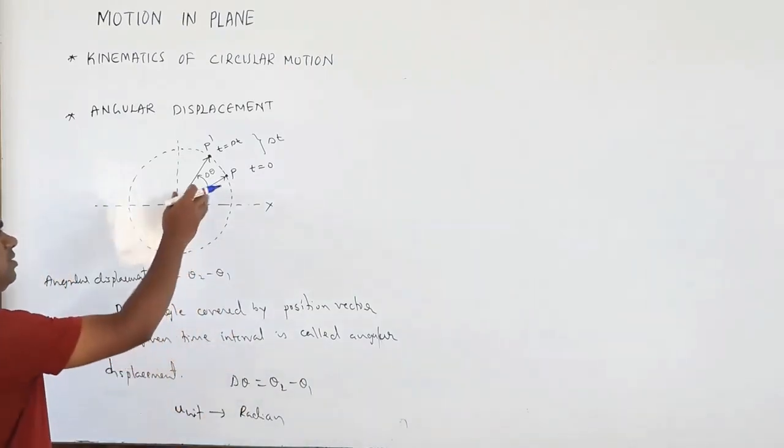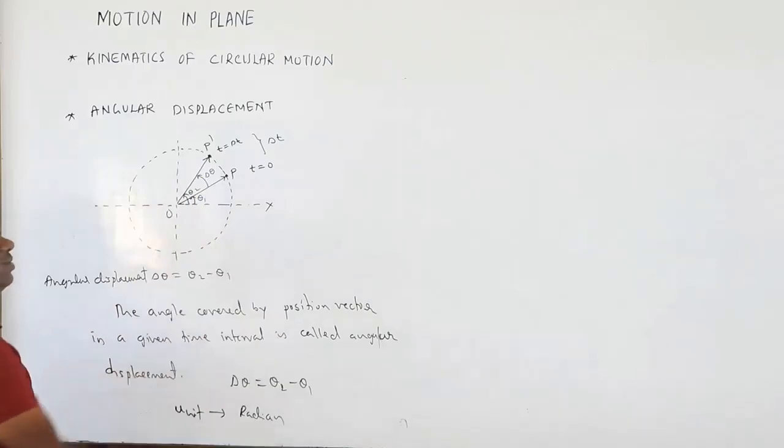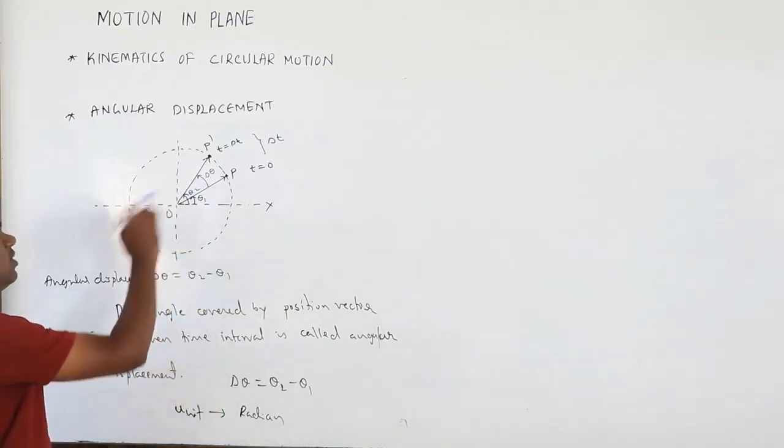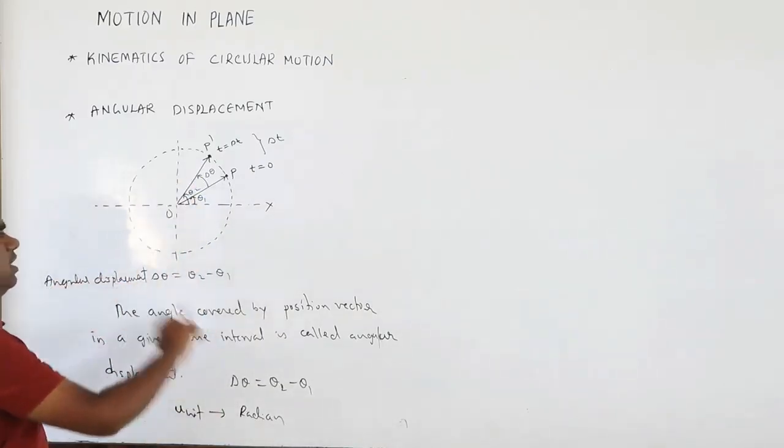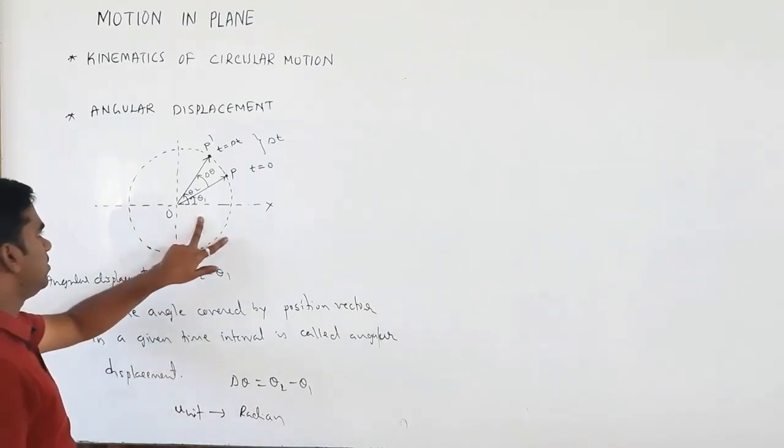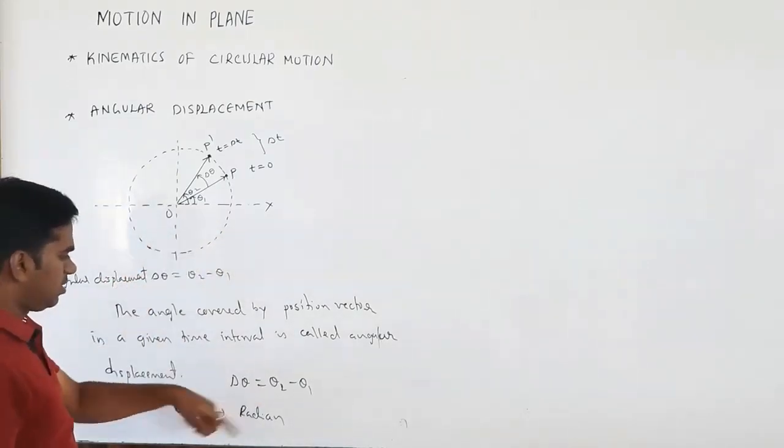They may give the position vectors theta 1 and theta 2 and ask you to calculate the angular displacement. The usual formula is theta 2 minus theta 1.